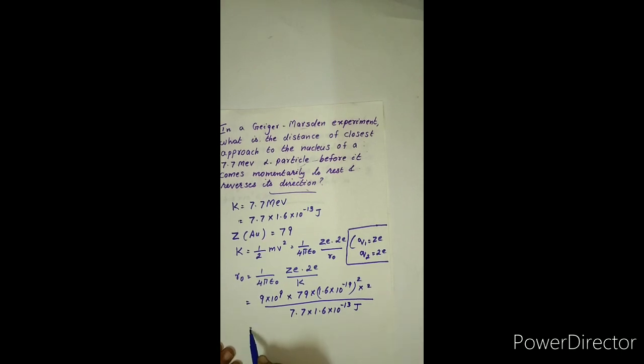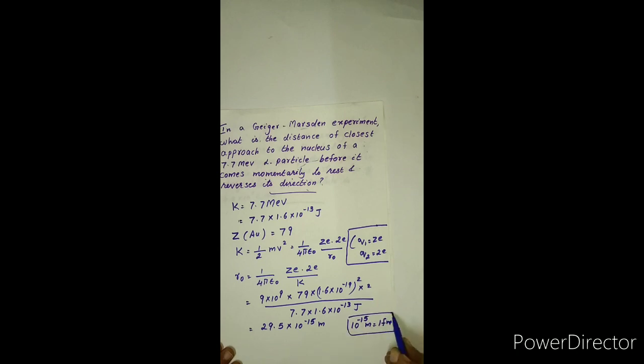So when you calculate all these values, you will get the answer 29.5 into 10 raised to minus 15 meter. So 10 raised to minus 15 meter equal to 1 Fermi meter.